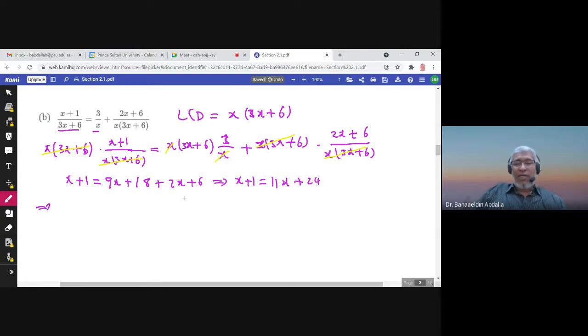And then x minus 11x is negative 9x. And 24 minus 1 is 23. And x would be 23 over negative 9. This would be the solution of this equation. It doesn't make the denominator 0. So that's the solution.